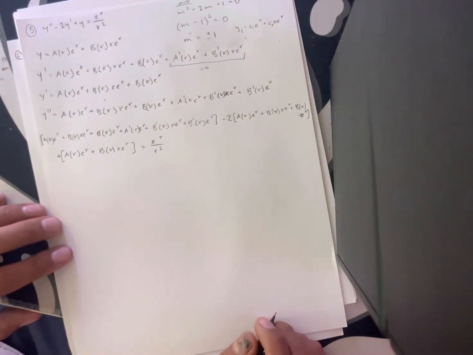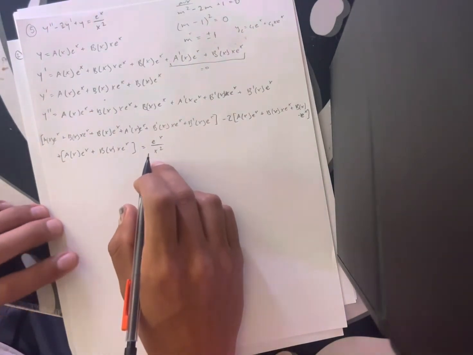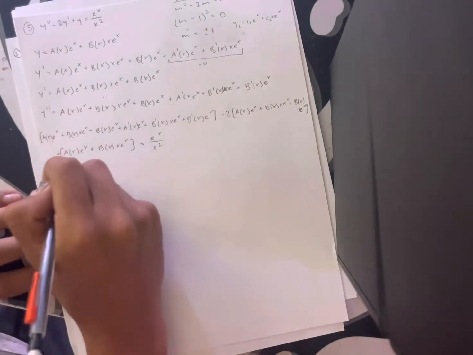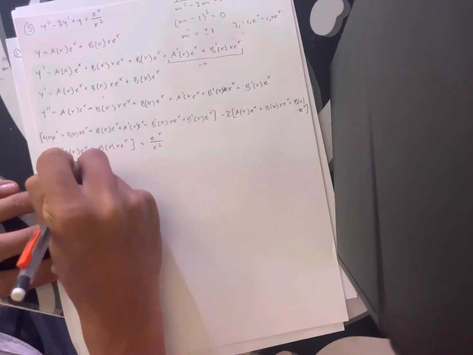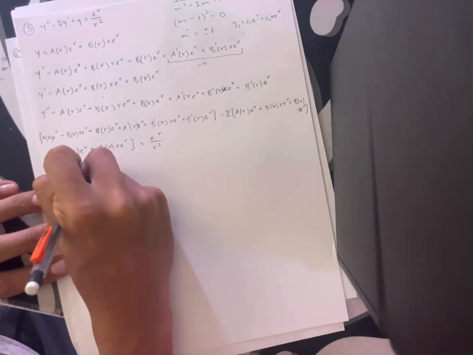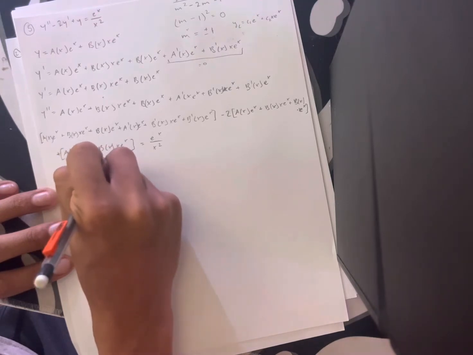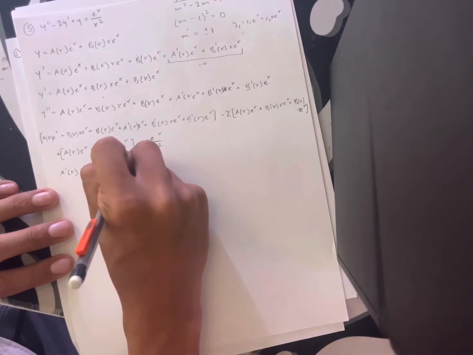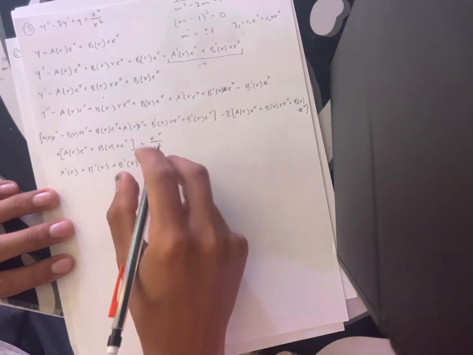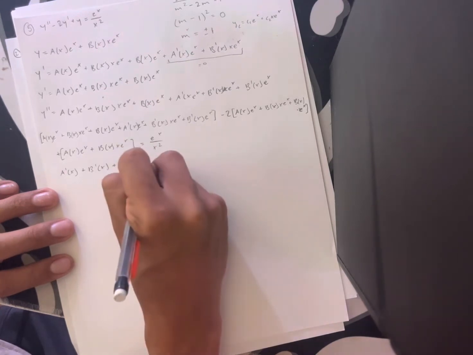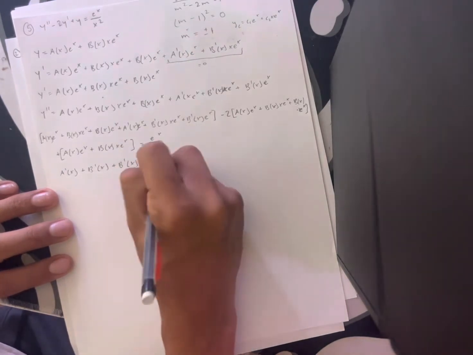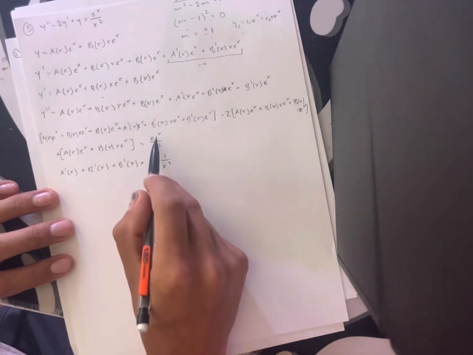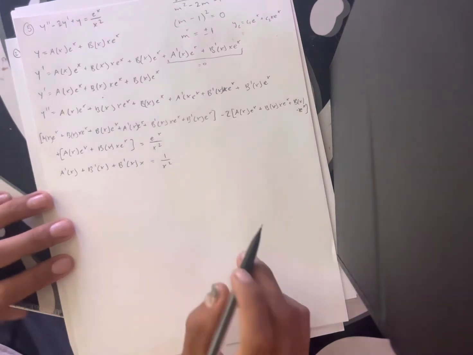Now with that, we want to simplify the equation, which will ultimately leave us with a prime x e^x plus b prime x x e^x plus b prime x e^x, which will be equal to 1 over x squared, because this e^x and every other e^x in the equation cancels out.